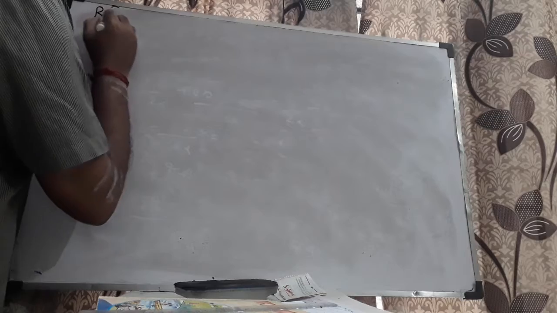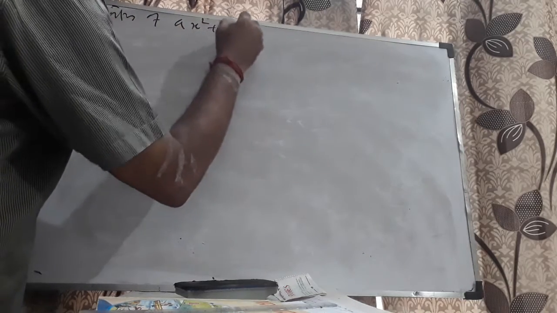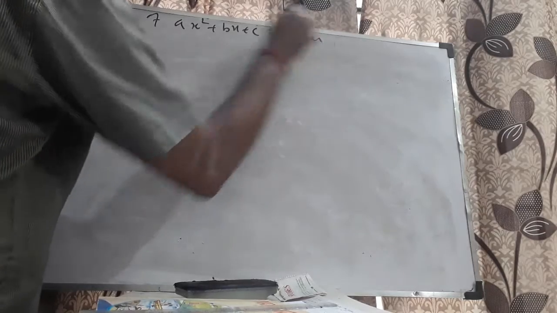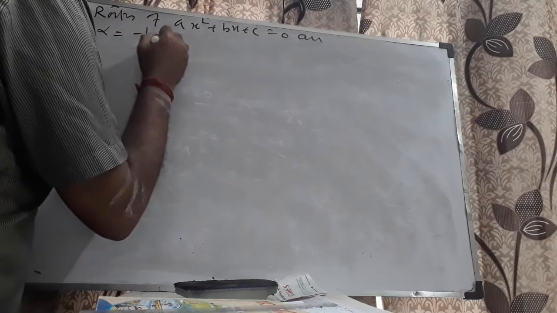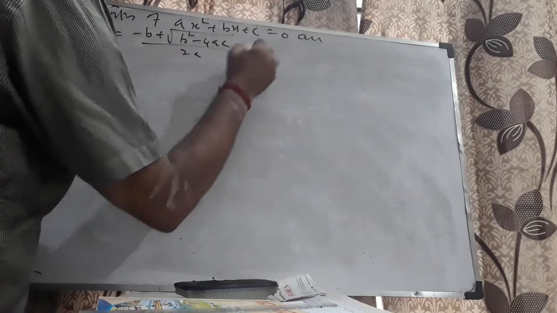In fact, listen. One more result you are supposed to just recall. Roots of ax square plus bx plus c is equal to 0, or alpha is equal to minus b plus root of b square minus 4ac by 2a.